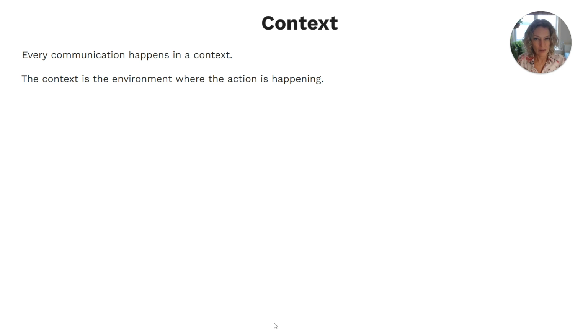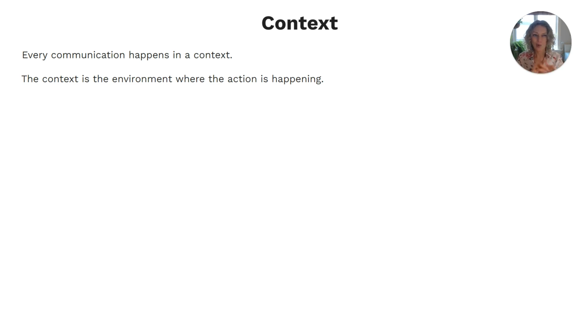So that brings me to the idea of context. And so I think a lot of students' problems with articles come from the fact that they're not considering context. And every communication happens in a context. And what I mean by the word context is the environment where the action is happening.